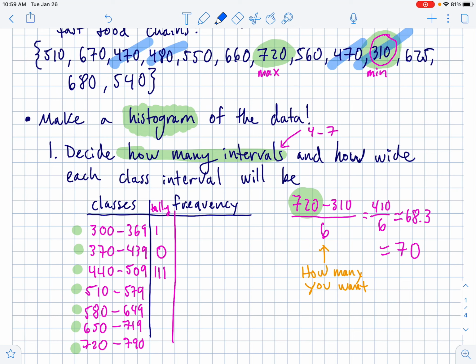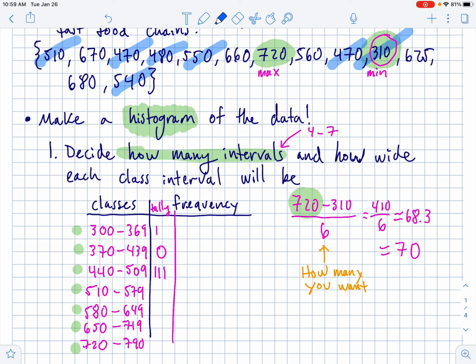Then the next number is 510, which falls into this. So then we go all the way up to 580. So let's see, we got 510, which is 1, 540, which is another. Where'd you go, 540? Oh, there. So that's 2. And then there's a 550, that's 3.